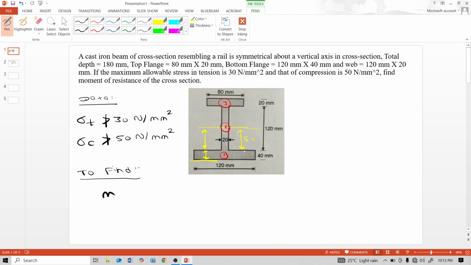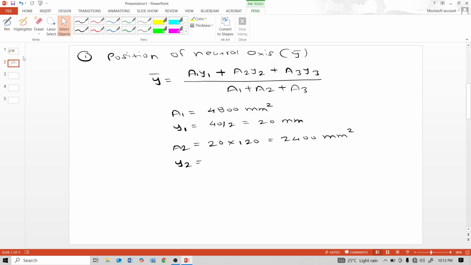So 40 plus 60, 100 mm. This much total distance is 100 mm.